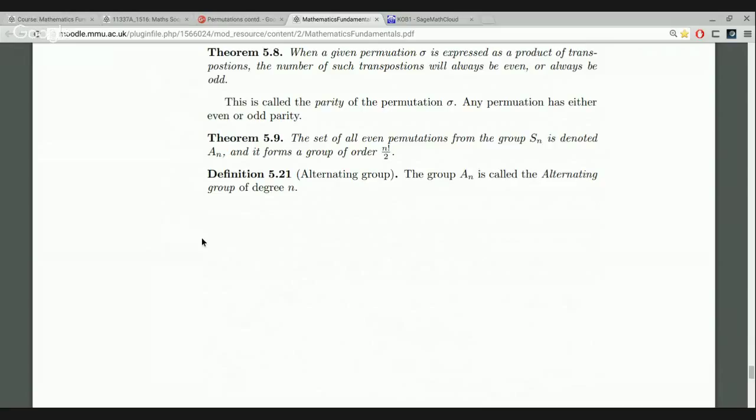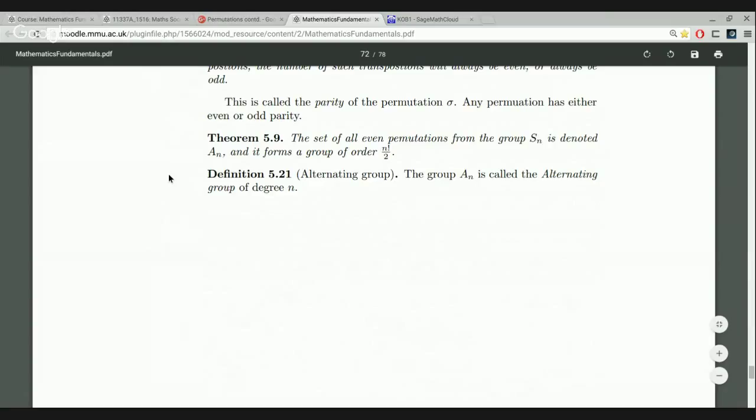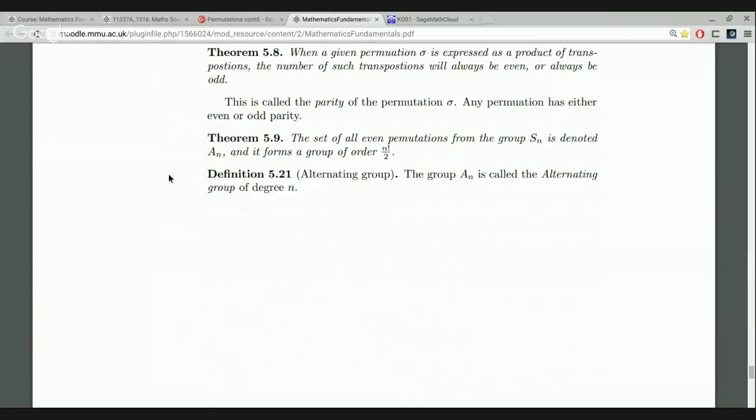So if you collect together all those permutations which are even, in the sense that in any representation for them as a product of transpositions, they always have an even number of transpositions, then they form the most important, a prominent subgroup of Sn called the alternating group. This is the largest subgroup of Sn that isn't all of Sn itself.